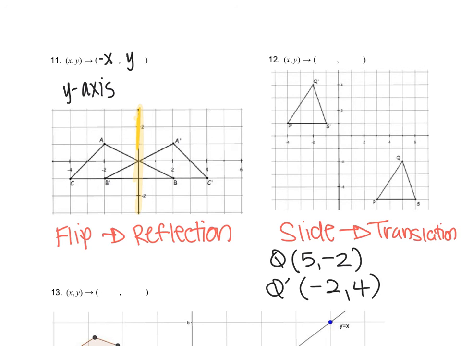I need to figure out what to add or subtract to each coordinate to get my rule. To go from 5 to -2 for my x value, I need to subtract 7. For my y value, to go from -2 to 4, I need to add 6. If I double check, 5 minus 7 is -2, and -2 plus 6 is 4.